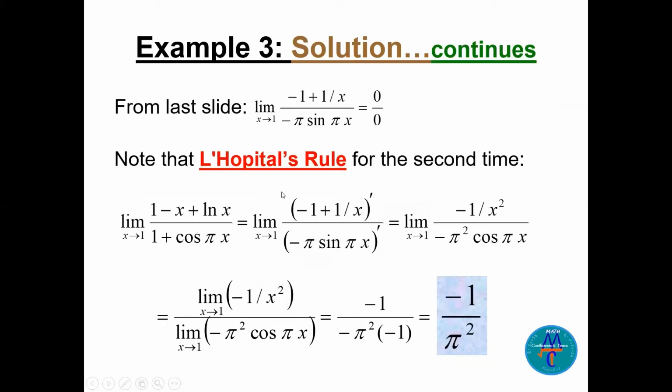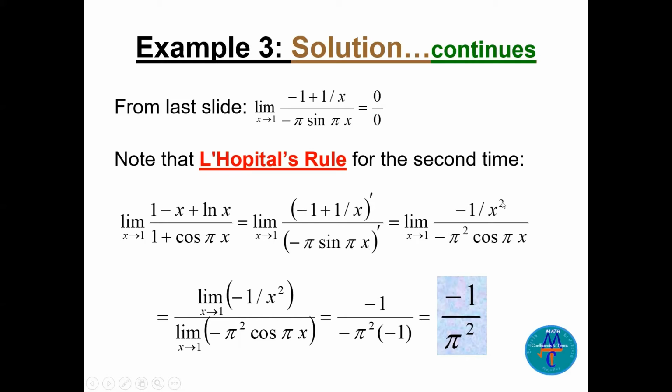So we have to find the derivative now. Minus 1 plus 1 over x, the derivative of all that, over minus pi sine of pi x, the derivative of all that. The derivative will be 0 for the minus 1, and 1 over x gives minus 1 over x squared. We leave the minus pi, and for sine pi x there will be another pi cosine pi x, so it will be minus pi squared.